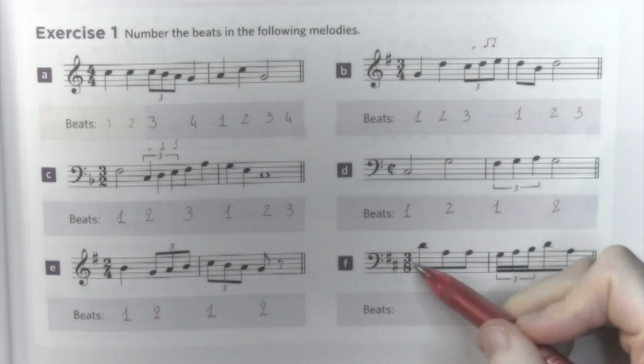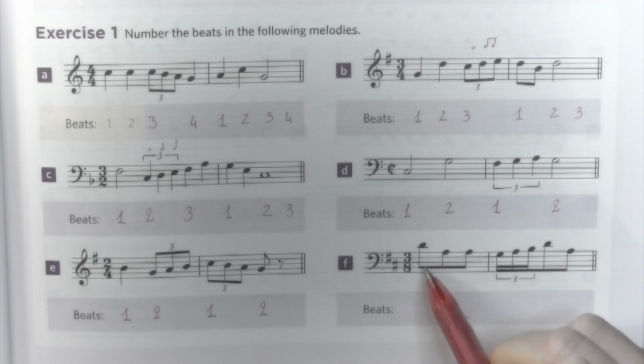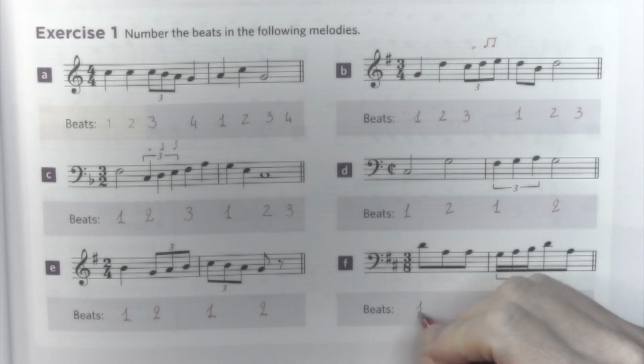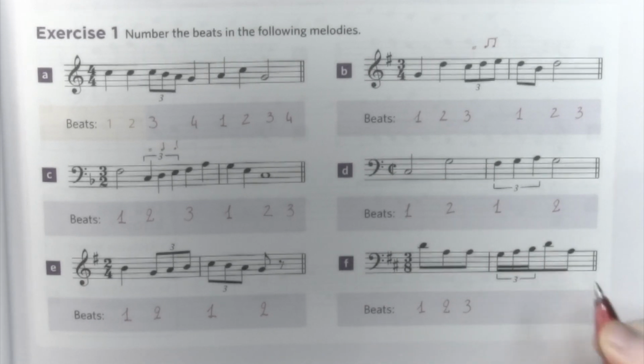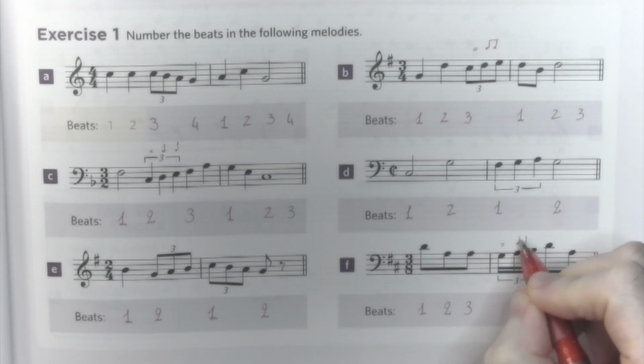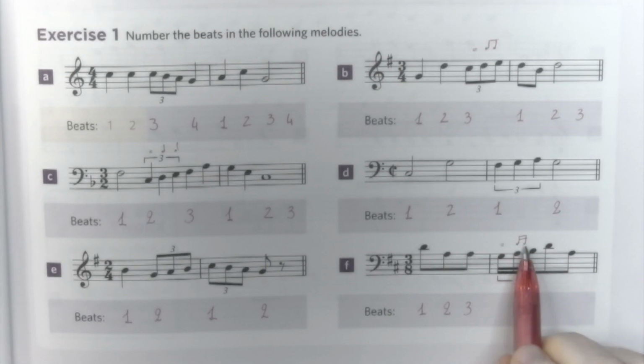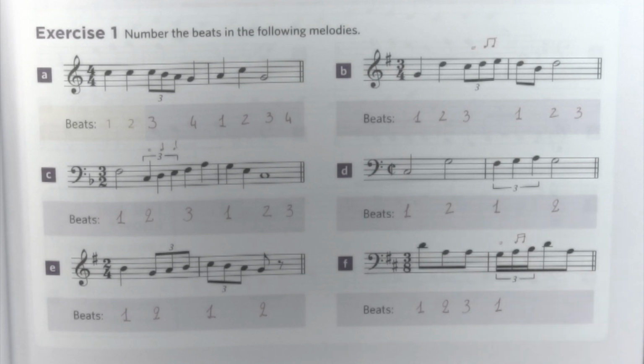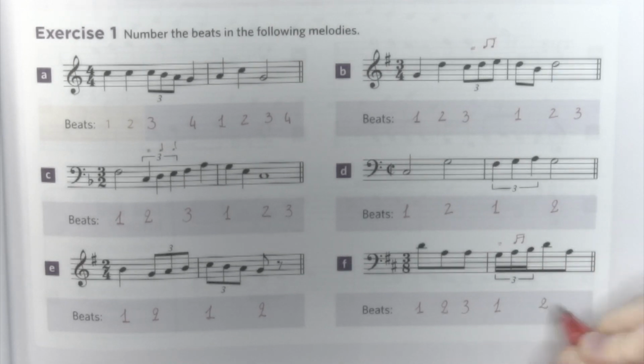In 3/8 we have 3 quavers, 1, 2 and 3. 3 in the space of 2, which means of the same kind, which means 1 quaver, the second quaver and the third quaver.